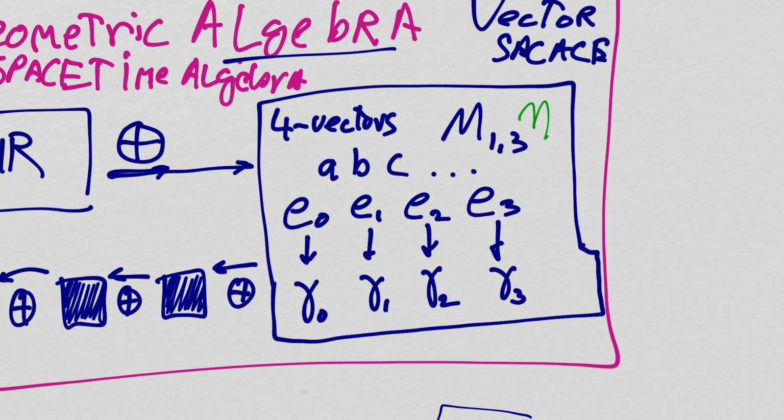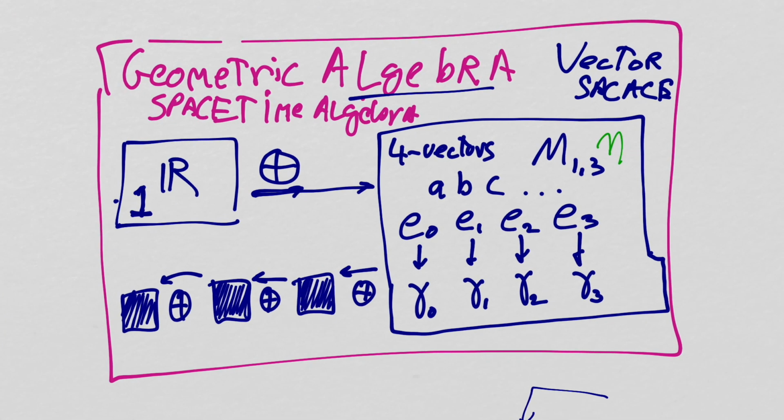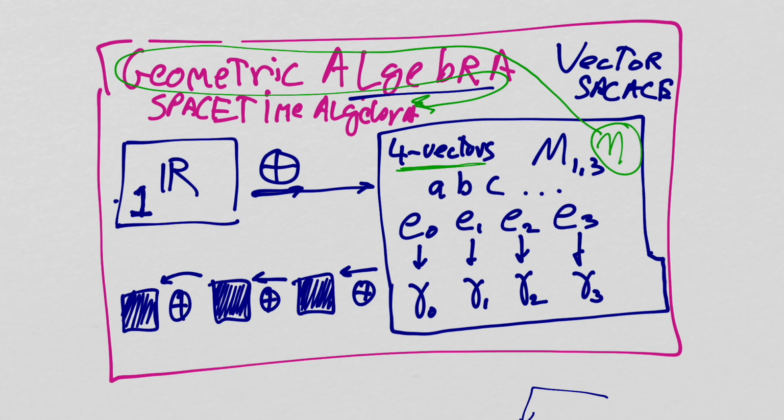And because it's the Minkowski metric, that's what makes a general geometric algebra the spacetime algebra. This metric is what takes this geometric algebra and turns it into the spacetime algebra. The two things, the fact that this is a 4-dimensional vector space and that it has a Minkowski metric. Those are the only two things you need to take your general geometric algebra and get a spacetime algebra.